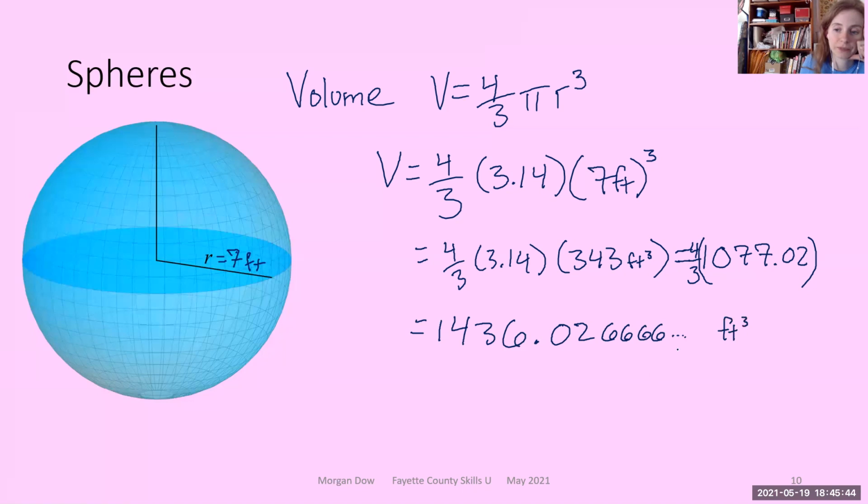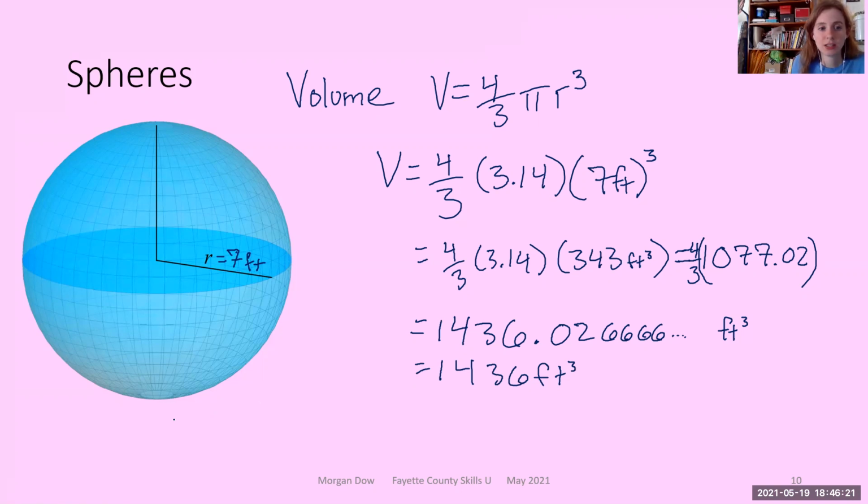So let's round this to the nearest whole cubic foot. This would become 1,436 cubic feet. So before we talked about what to do when you're taking 1/3 of something, it's basically just dividing by 3. If you're doing 4/3, that's like multiplying by 4 and dividing by 3.